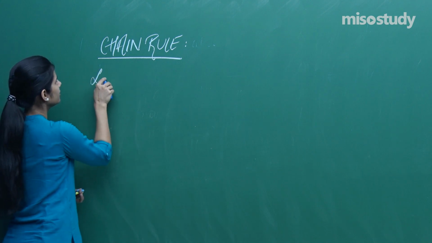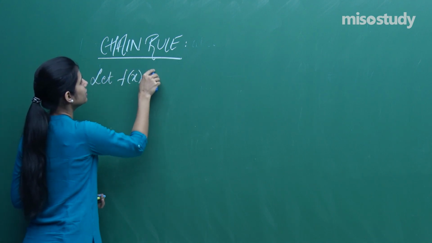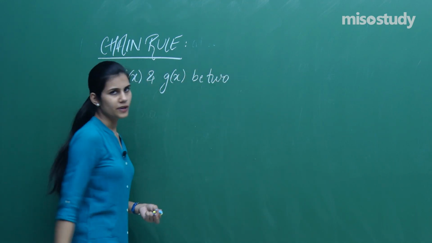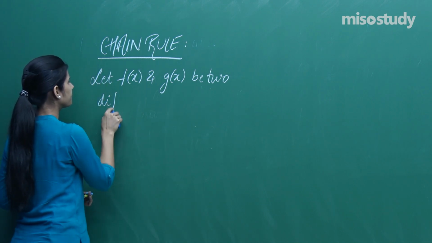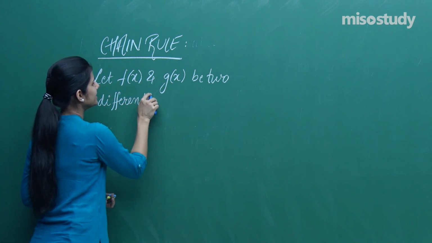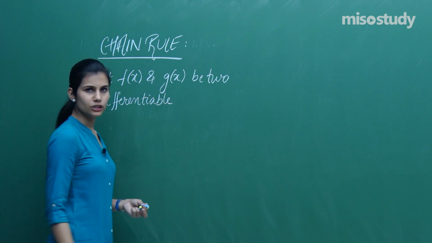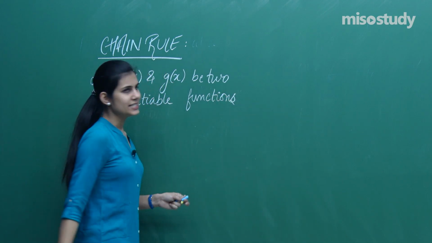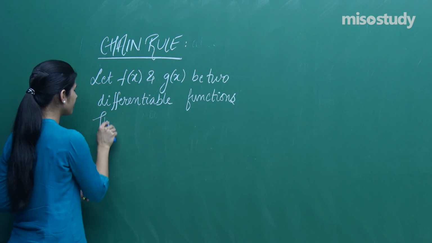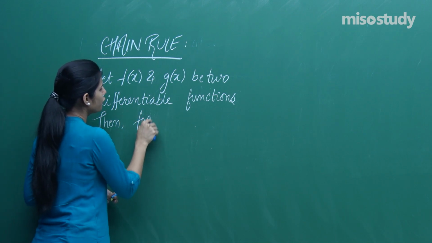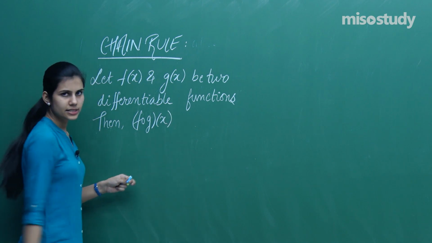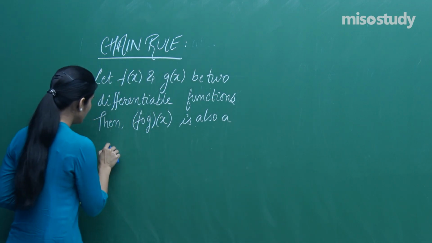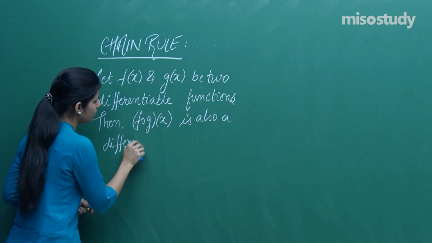It says, let f and g be two differentiable functions. Then f∘g of x, the composition, is also a differentiable function.